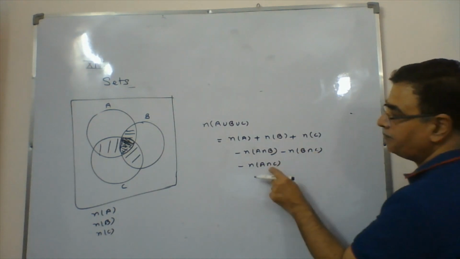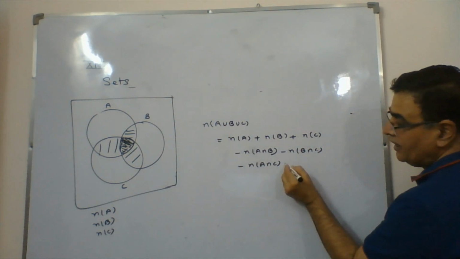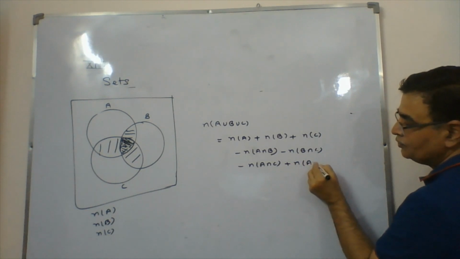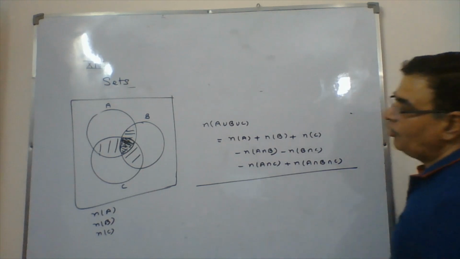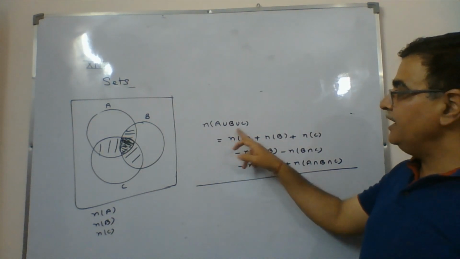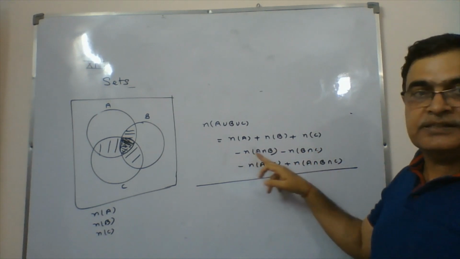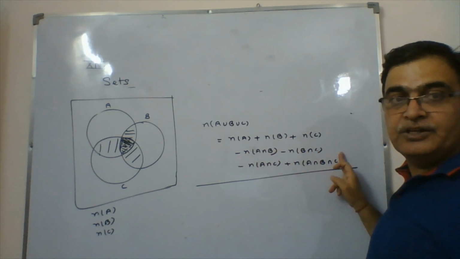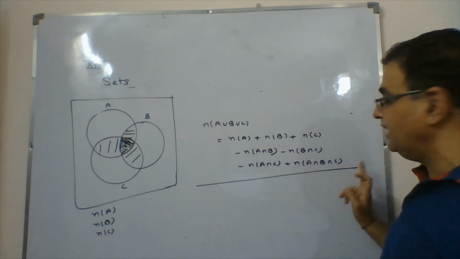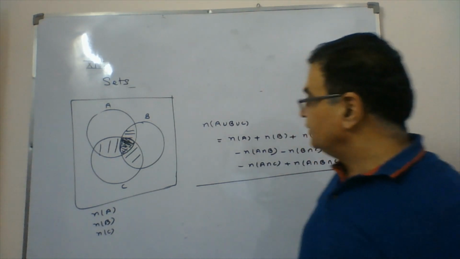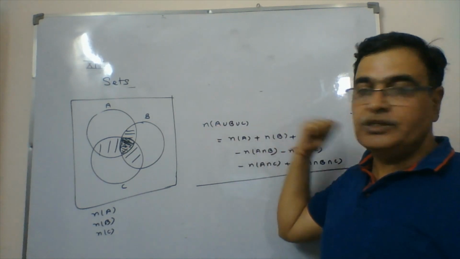So 3 times subtracted, 3 times added means you have not taken that result at all. So you should count that also: N(A intersection B intersection C). This is the formula for N(A union B union C): NA plus NB plus NC minus N(A intersection B) minus N(B intersection C) minus N(A intersection C) plus N(A intersection B intersection C). So this way you will have the formula for A union B union C.